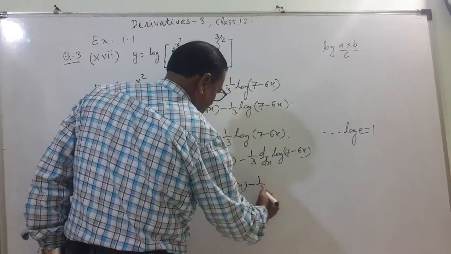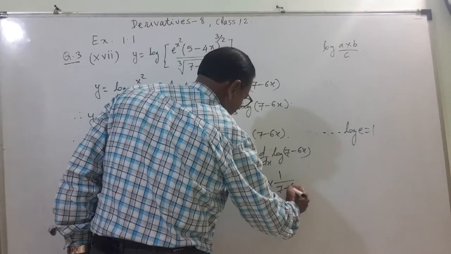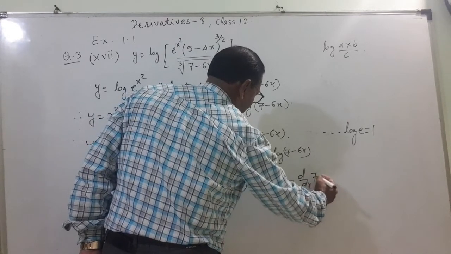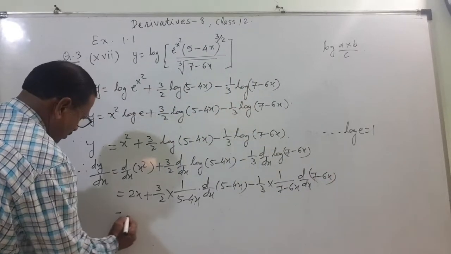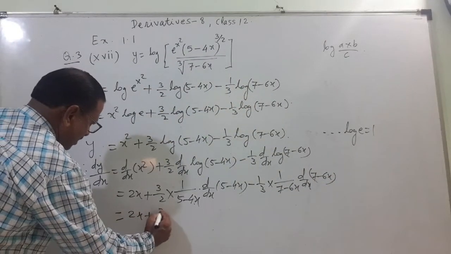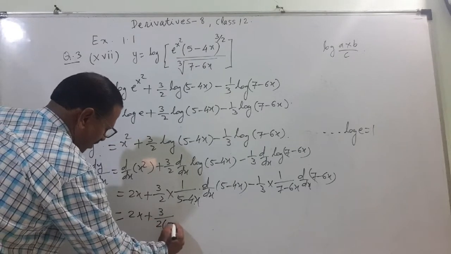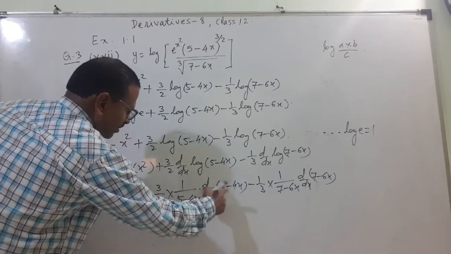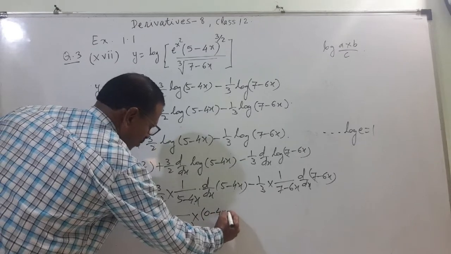Minus 1 upon 3 into derivative of log is 1 upon 7 minus 6x into the derivative of 7 minus 6x. That is equal to 2x plus 3 upon 2 into 5 minus 4x, that I am bringing together, into the derivative of this will be 0 minus 4, into 1.